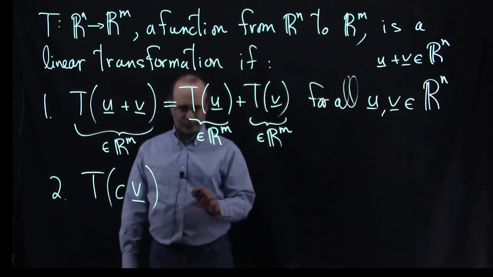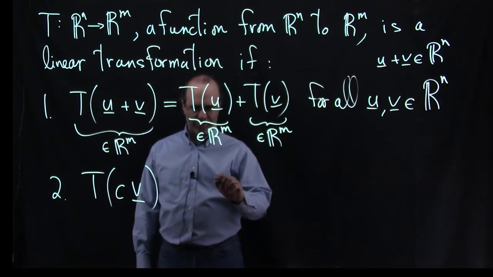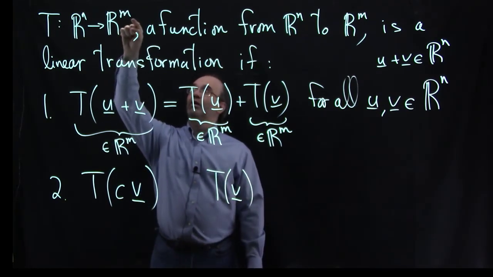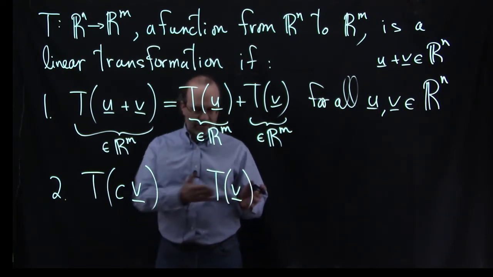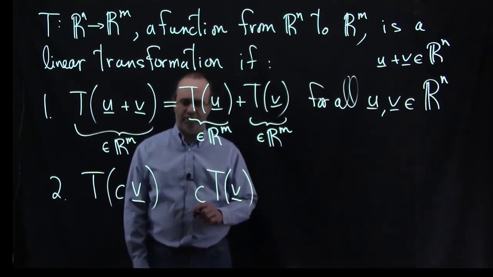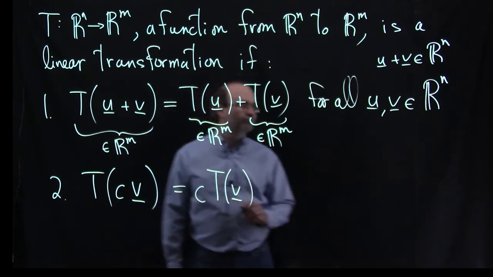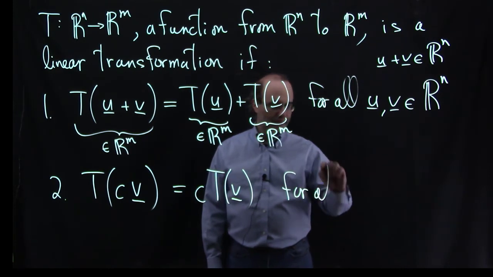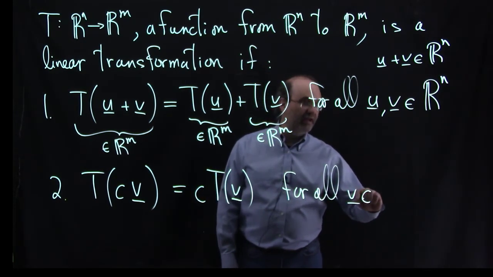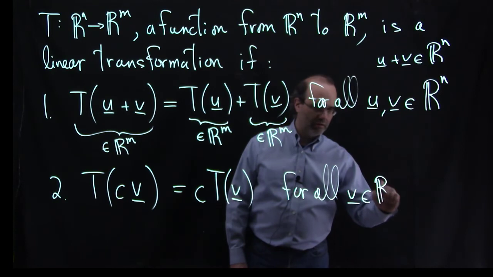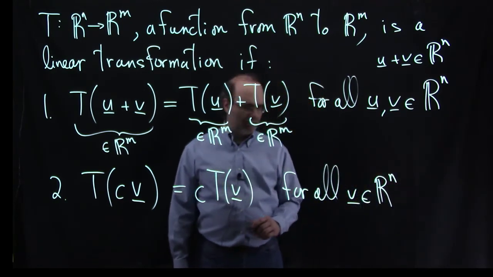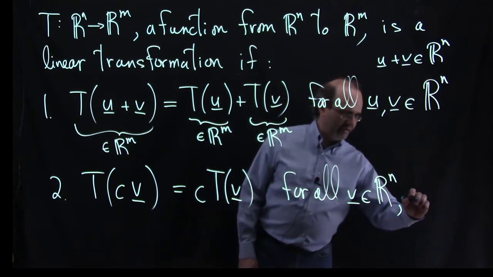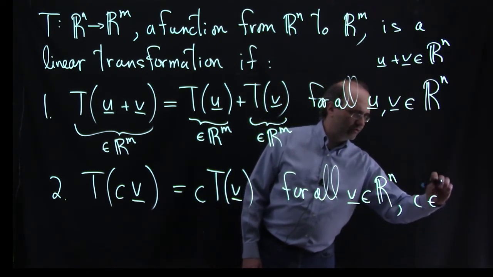Or we can first apply T to v, and we end up in Rm, where this is still a vector, and I can also multiply it by the scalar c. And we want these two to be equal. This should hold for all vectors v in Rn and all scalars c in the real numbers.